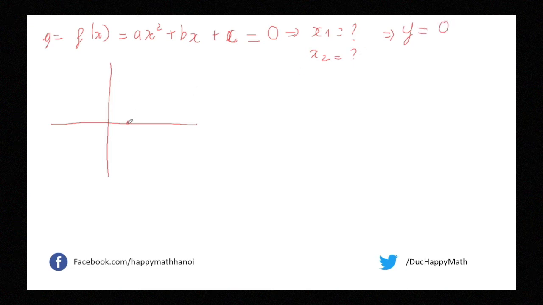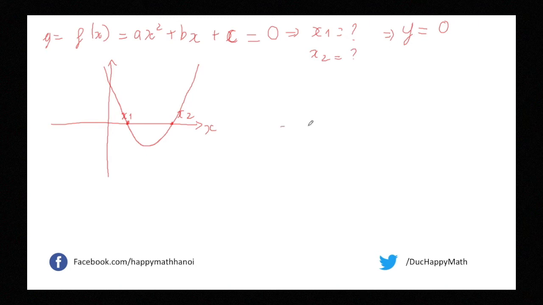For example, this is x1 and this is x2. It means when the quadratic equation has two solutions, the parabola has two intercepts with the x-axis.